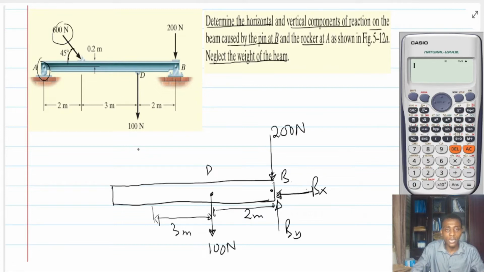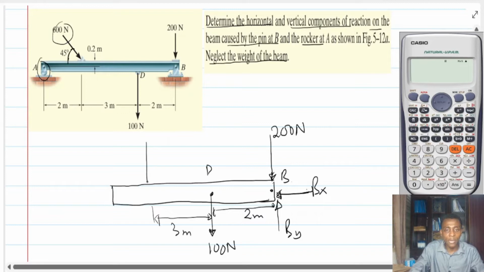So I have to resolve it. Resolving this, I'm going to get a force along the y, which is 600 sine 45, and a force along the x, which is 600 cosine 45.